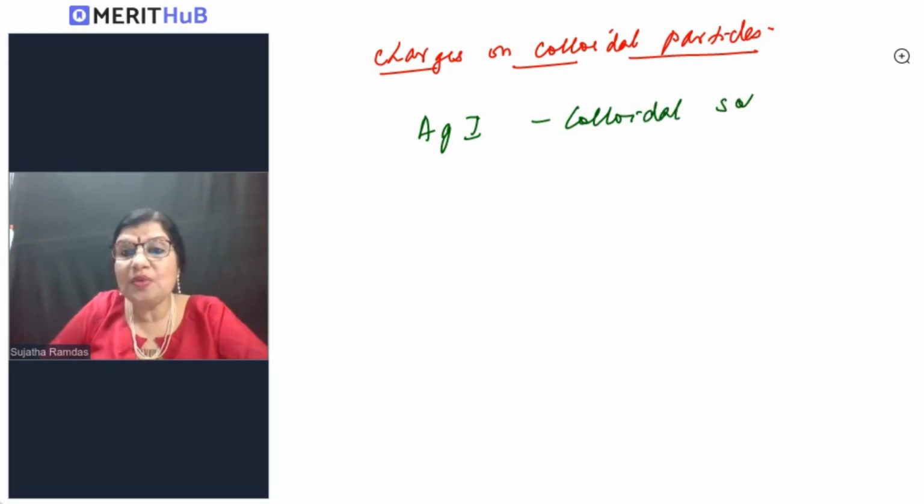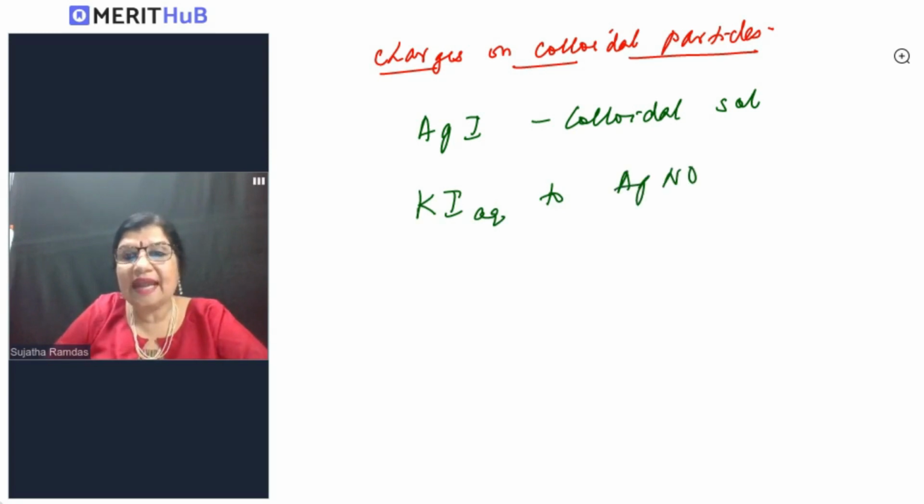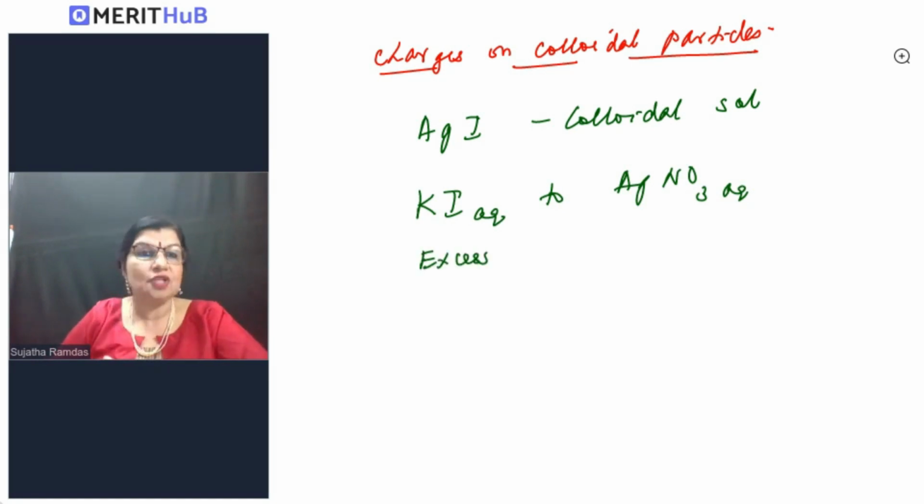And how is silver iodide produced? Silver iodide is produced by adding dilute aqueous potassium iodide solution to aqueous silver nitrate solution till potassium iodide is in excess. So all this information has been conveyed to us in the question. There's excess potassium iodide.